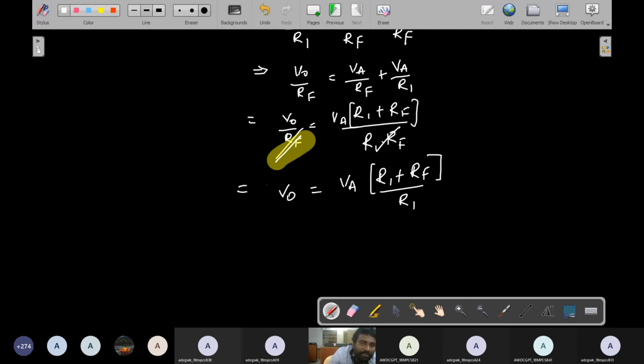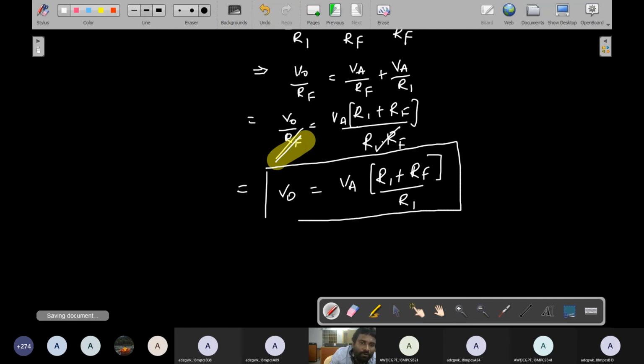Okay, so this is your final output voltage of the operational amplifier.